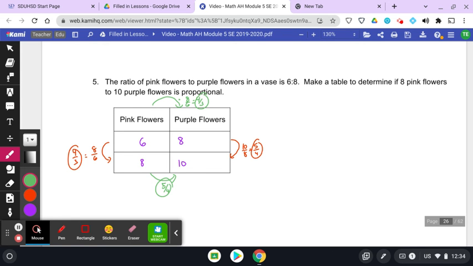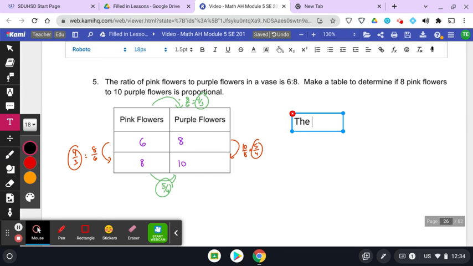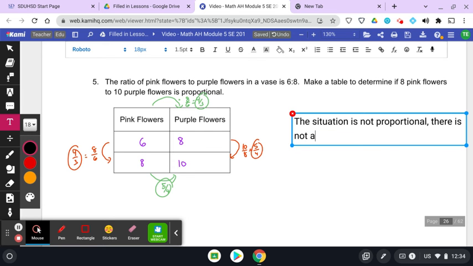Okay, so I can see either way I go. So here, the situation is not proportional. There is not a common scale factor.